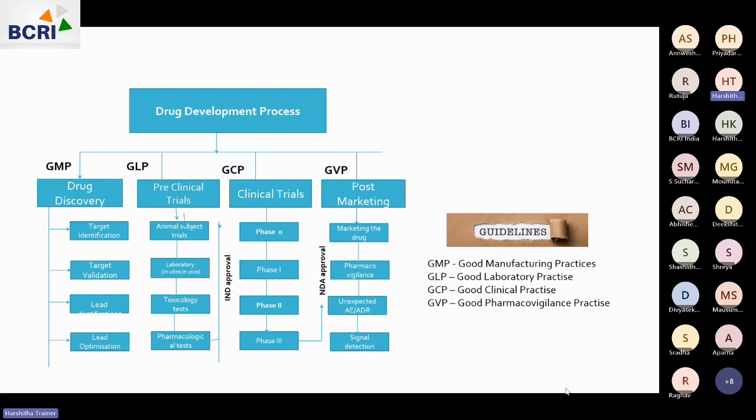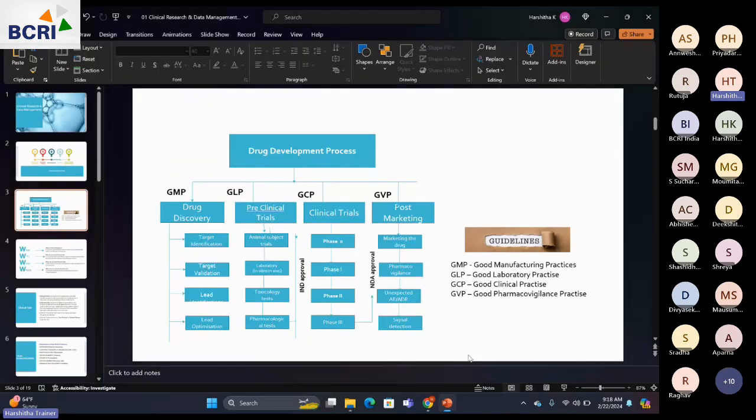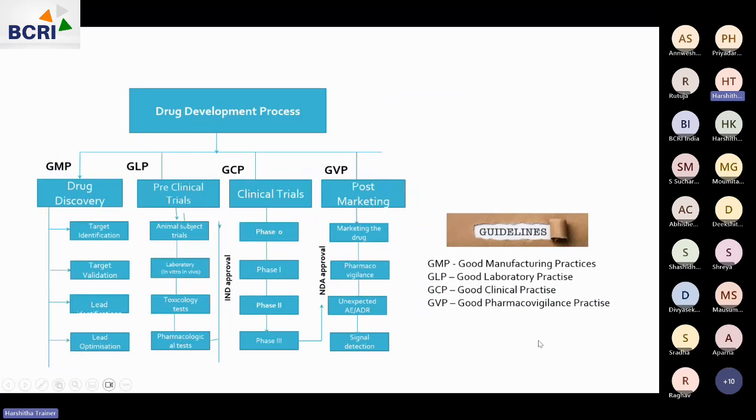In clinical trials, you have different phases. In PMC, post-marketing surveillance, you have to market the drug, you have to conduct pharmacovigilance, and you need to look for unexpected adverse events and adverse drug reactions. So post-marketing surveillance requires a marketed product. IND approval stands for investigational new drug, and NDA stands for new drug application approval.